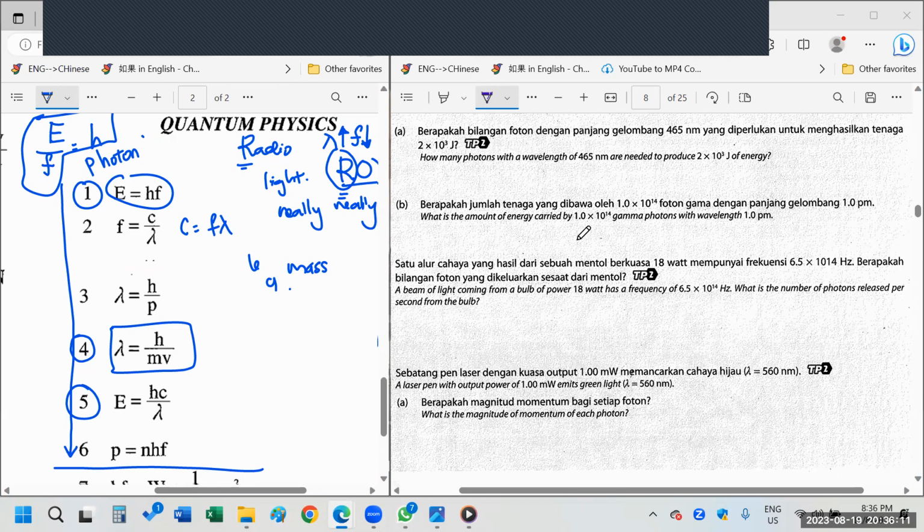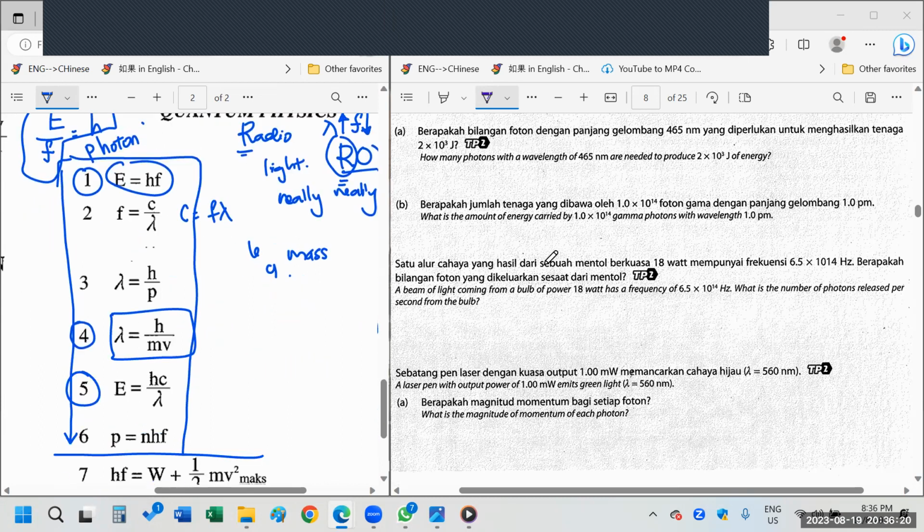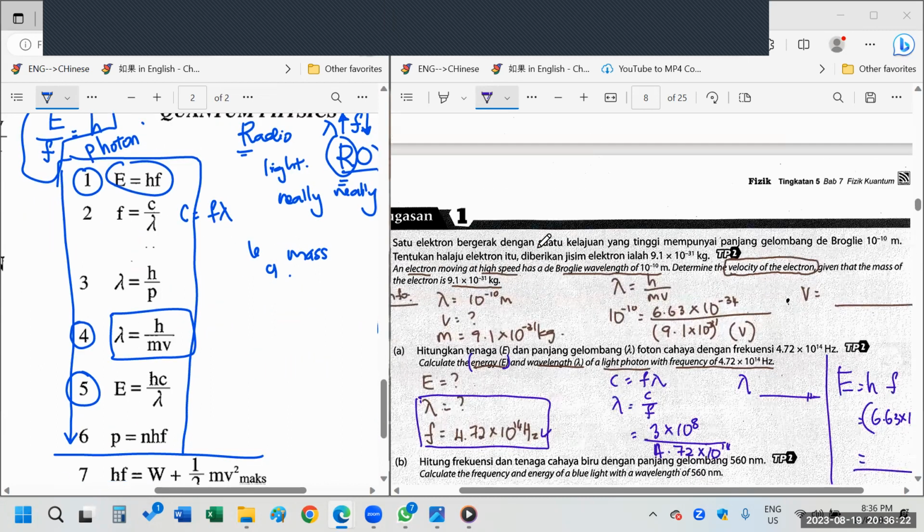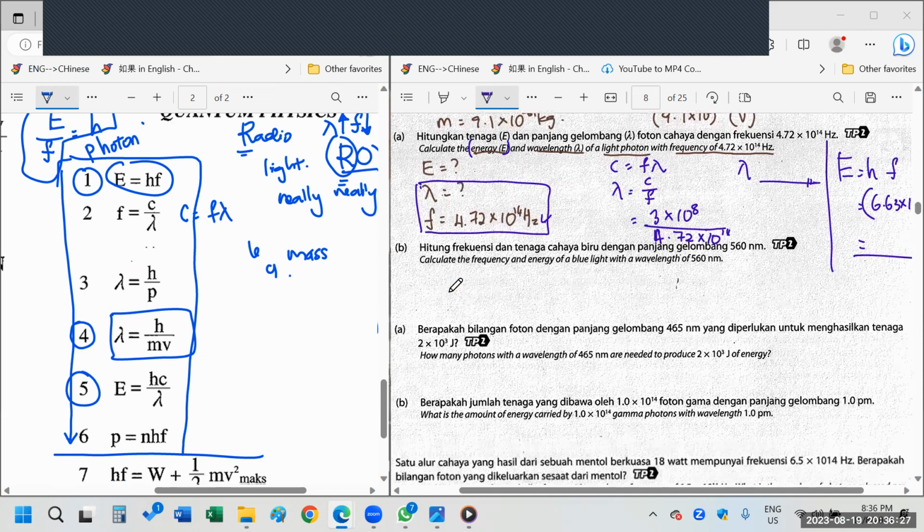All of this is actually the practice of formula 1 to 6. So you can copy above here before you do, or you just put your formula list beside.